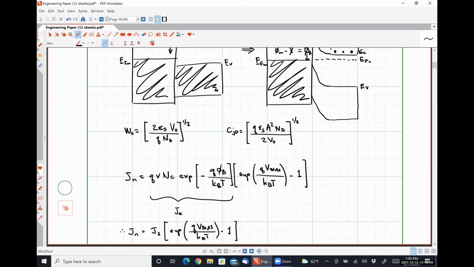And it will have effectively a very, very similar looking IV characteristic curve, where as the bias voltage gets bigger, we see an exponential growth in the current. As bias voltage gets more and more negative, this just goes to Js in the opposite direction.